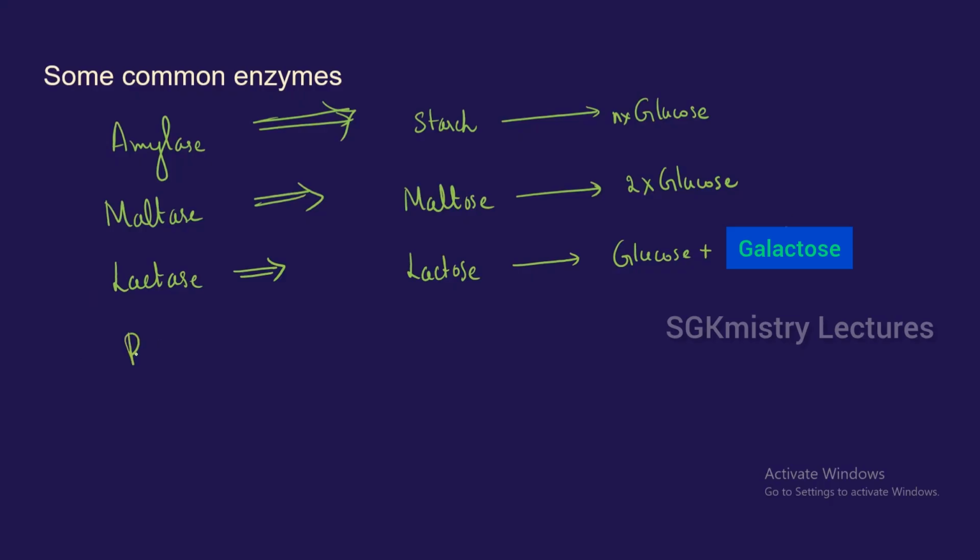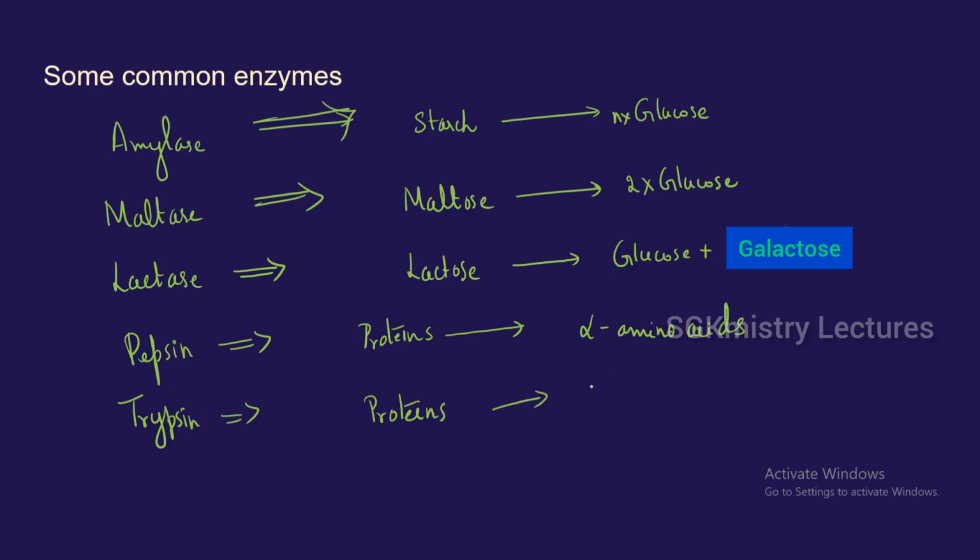Then we have pepsin, which is a digestive enzyme which converts proteins to alpha amino acids. Then we have trypsin, which again acts on proteins, and proteins are converted to alpha amino acids.